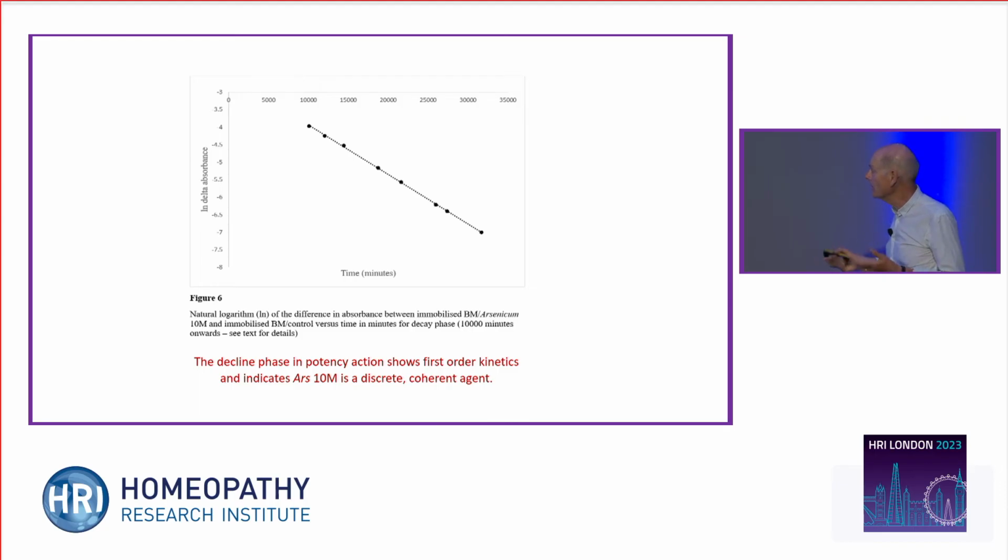Quite a lot of things decay according to first-order kinetics, and what it means is that arsenicum is a discrete, coherent agent. It's not some sort of diffuse cloud in the sky. It's actually something that's coherent, and once it's interacted with the target system, it starts to fall apart.